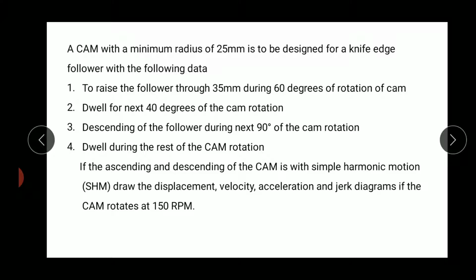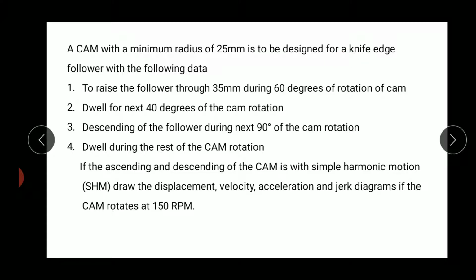You need not bother about which type of follower it is if you are going to solve the numerical on displacement, velocity, acceleration and jerk diagrams when the follower moves with different types of motions. So the type of follower doesn't matter here.